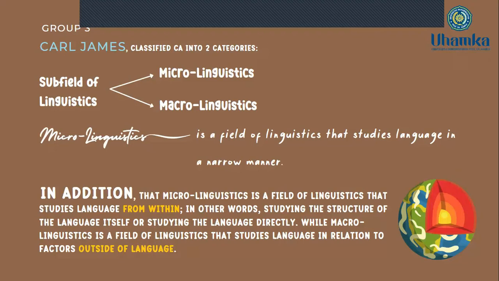Microlinguistics is a field of linguistics that studies language in a narrow manner. In addition, microlinguistics is a field of linguistics that studies language from within. In other words, studying the structure of the language itself, or studying the language directly.